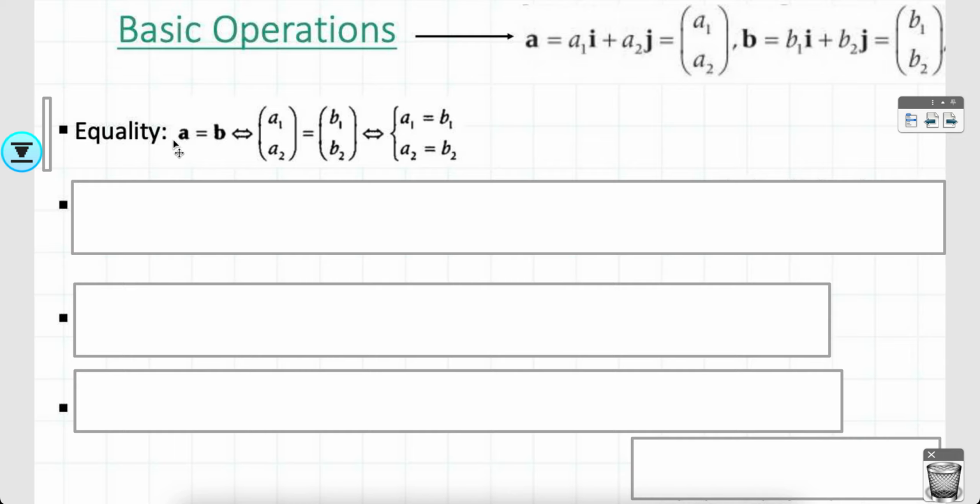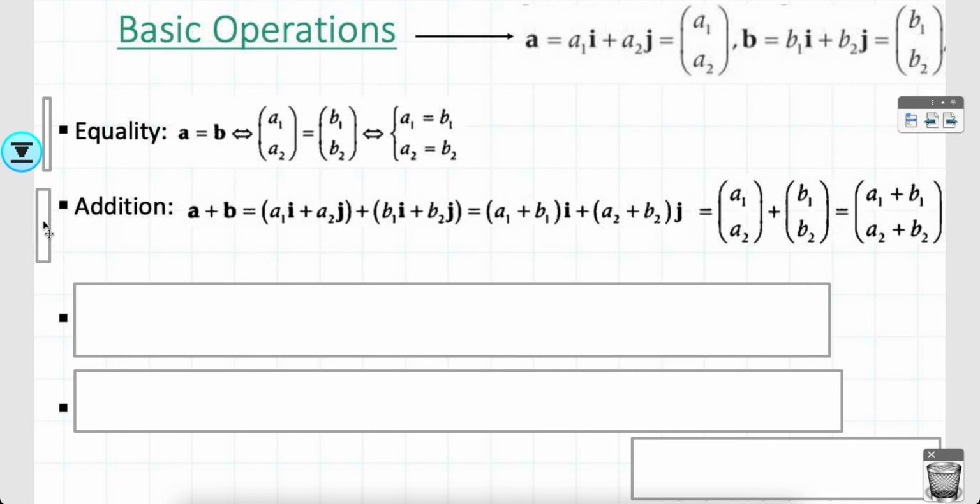Equality implies that vector A equals vector B, and this implies that the i components would be equal and the j components would be equal. So you have this, the symbol for if and only if. So if these are equal, then it implies that the components are equal, or if you see the components are equal, then the two vectors are equal.